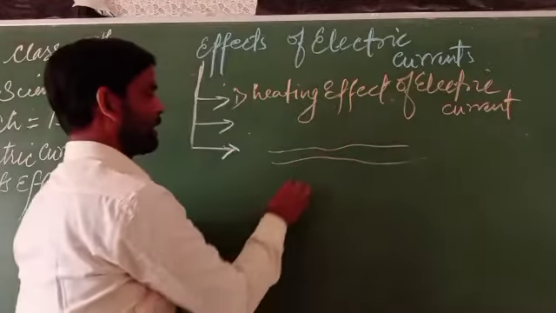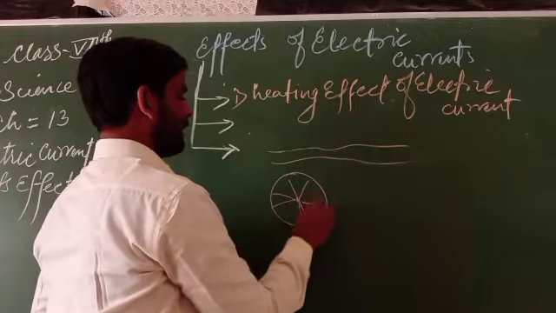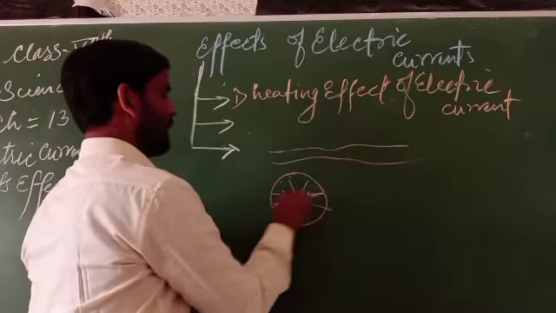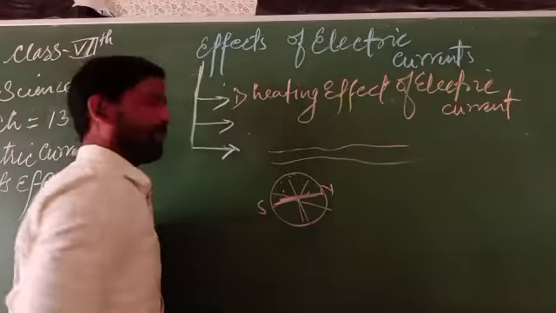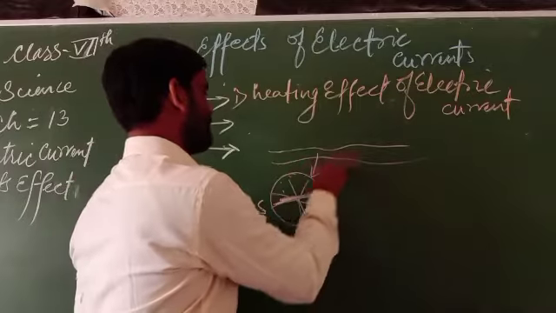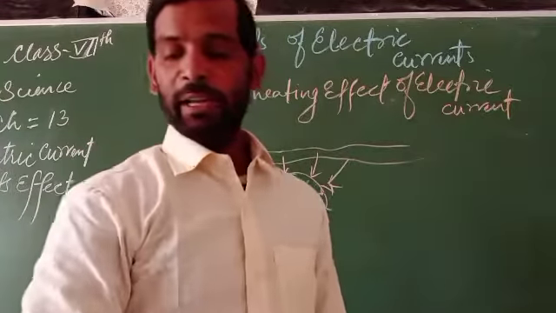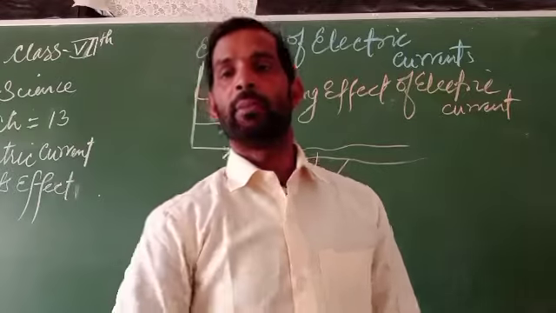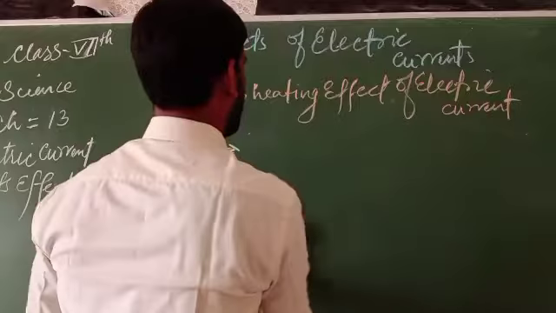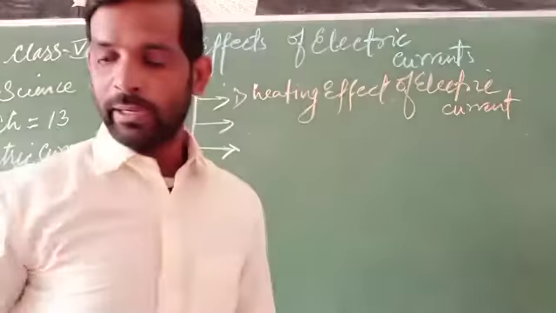If current flows through them, a deflection happens in the magnetic compass, and if the deflection happens, it is clear that electric current flows. Why? Because the continuous flow of electric current behaves as a magnet and shows magnetic properties.